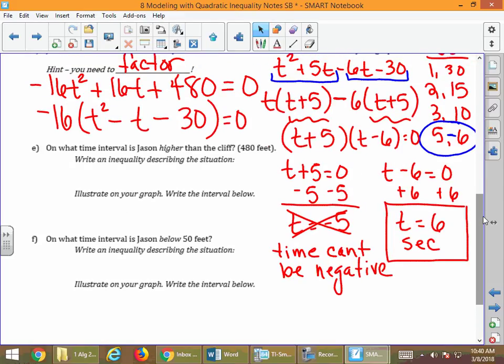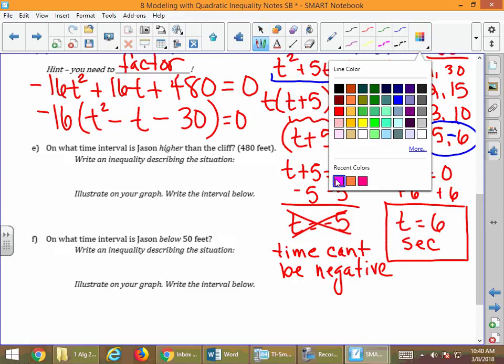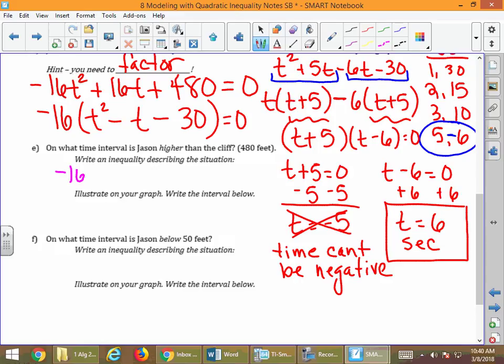But lastly here, it says, on what time interval is Jason higher than the cliff? Write an inequality that illustrates that. Well, we're going to take that and we're going to say negative 16t squared plus 16t plus 480. Where is he greater than 480 feet?